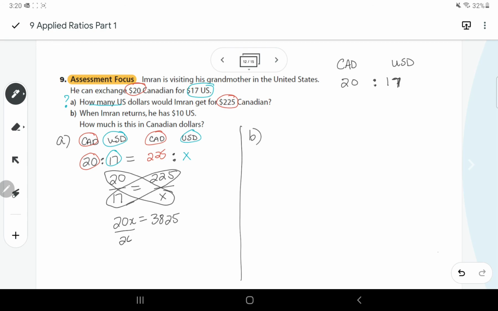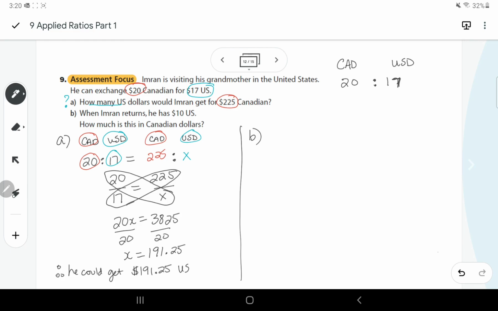And to get X by itself, we'll divide by 20. So that is $191.25. So therefore, he could get $191.25 in US.